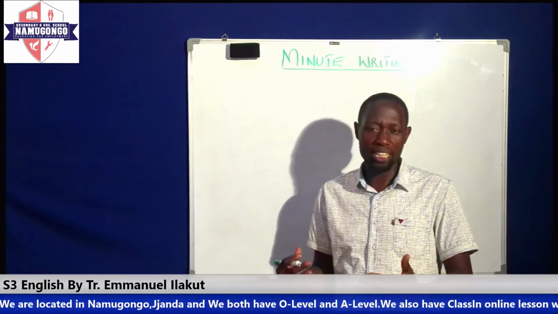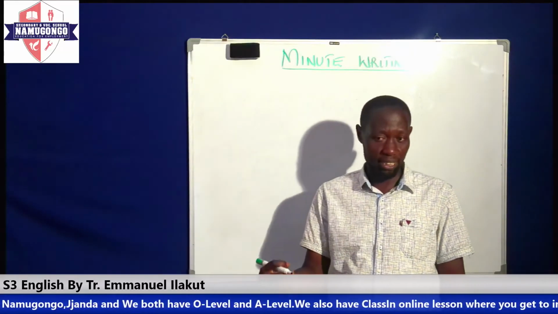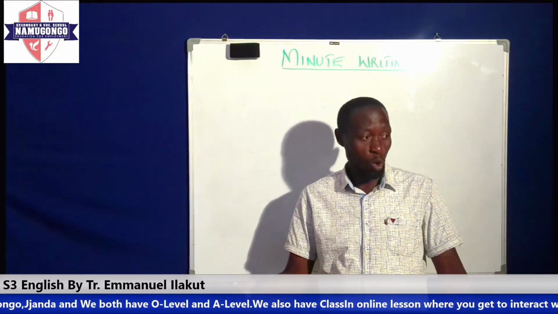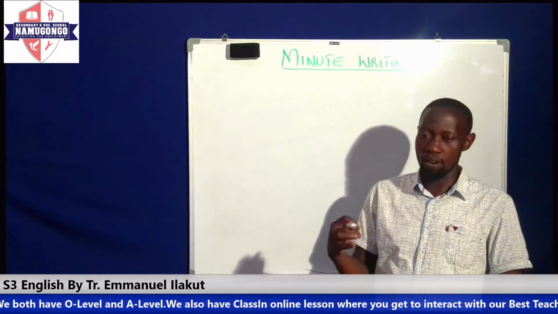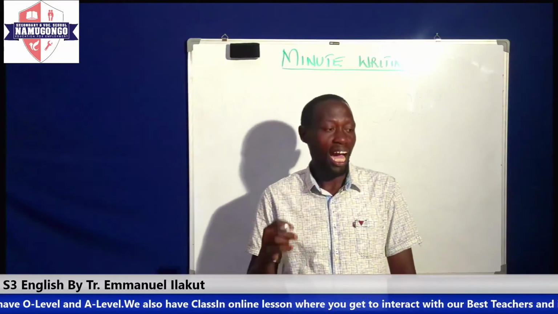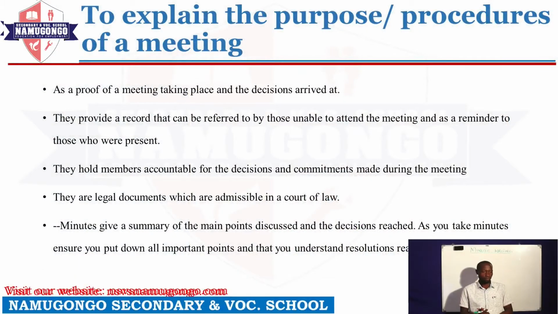How do we explain the purpose or procedures of a meeting? Why would we meet? One, as a proof of a meeting taking place and decisions arrived at. We are going for a debating club meeting.